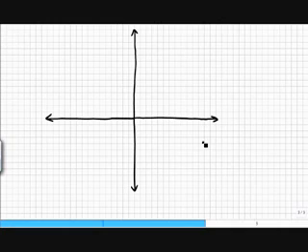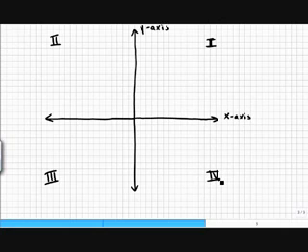Whenever you do have this type of graphing, you have two what's called axes. You have the y-axis, which runs vertical, and you have the x-axis, which is the horizontal axis here. These two axes, when they cross, divide your Cartesian plane into 4 quadrants, and we most of the time denote these with Roman numerals, and these go counterclockwise, starting with the first quadrant in the top right, the second quadrant the top left, the third quadrant bottom left, and the fourth quadrant bottom right.